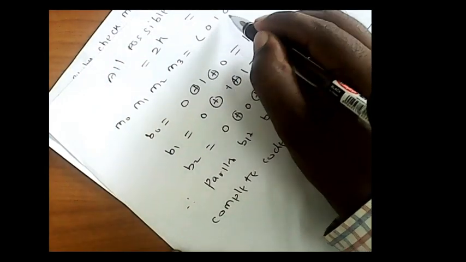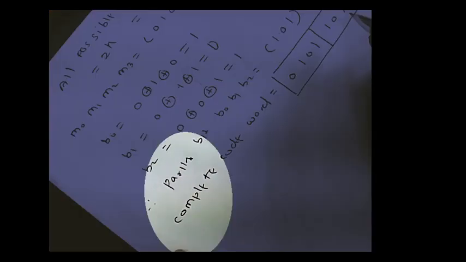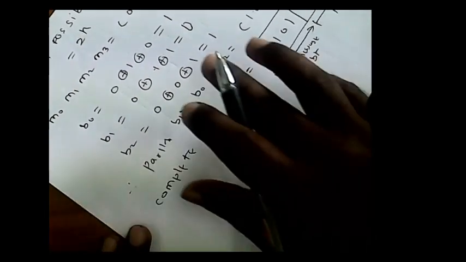Here the message bits are 0 1 0 0 and the parity bits are 1 0 1. This is a complete code vector. In this way we can find all possible combinations, that is 16.